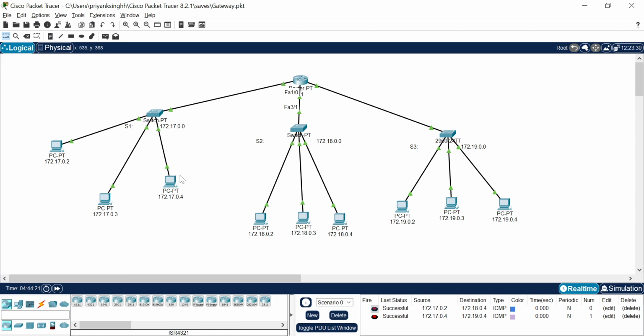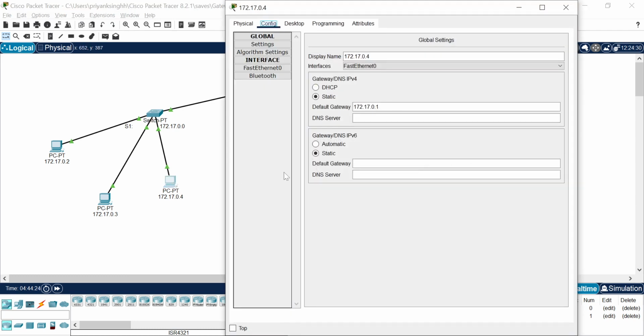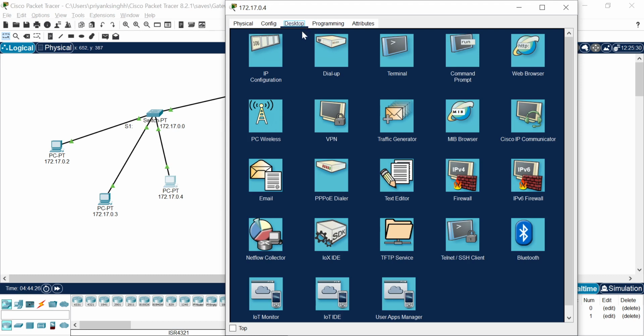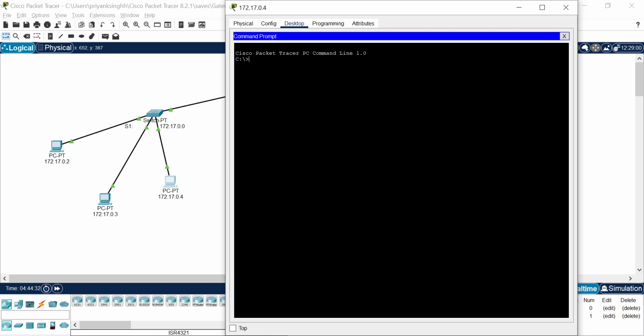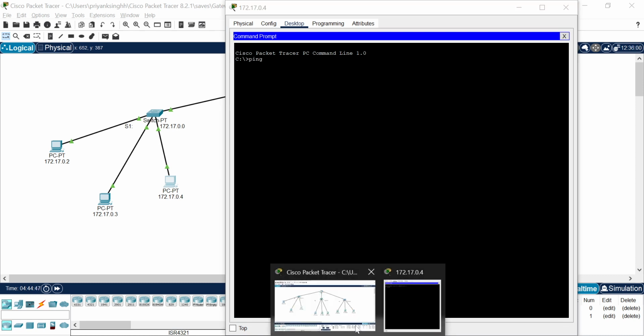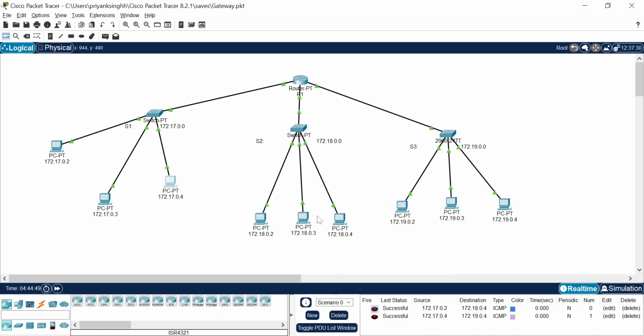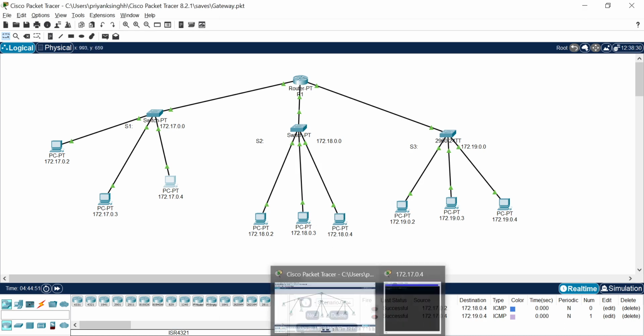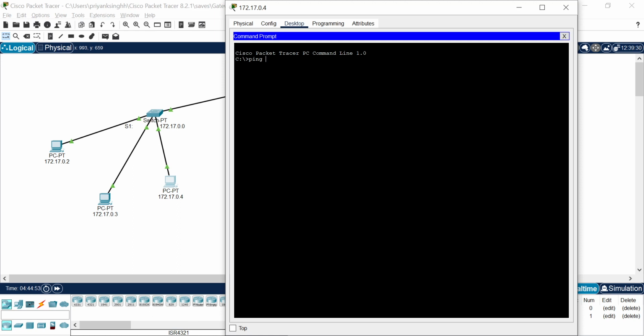I can test the same thing with the ping command also. When I go to the desktop of this 172.17.0.4 PC and select the command prompt, I enter the ping command to 172.19.0.3.